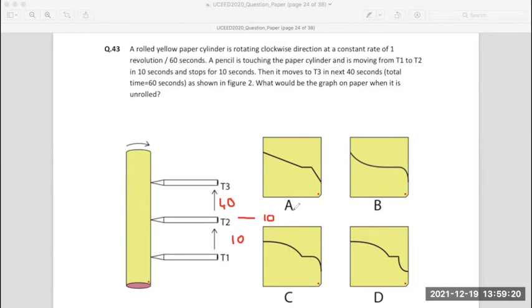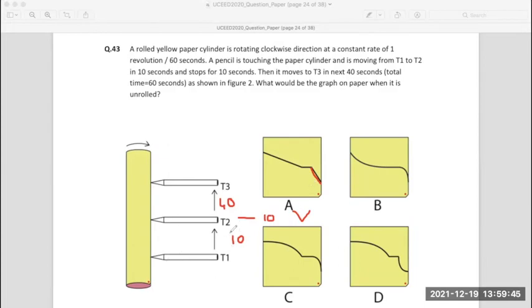So I will henceforth choose this option. It cannot be a curve, because the pencil is kept straight, the rotation is happening, but it's moving in a very linear manner. It's just one directional rotation, and the pencil tip is just moving from one to another position.